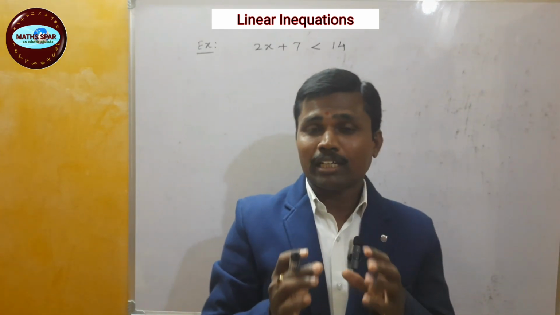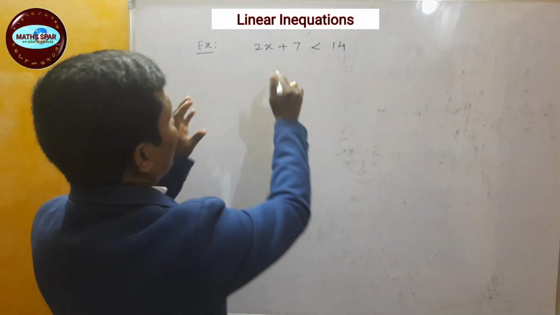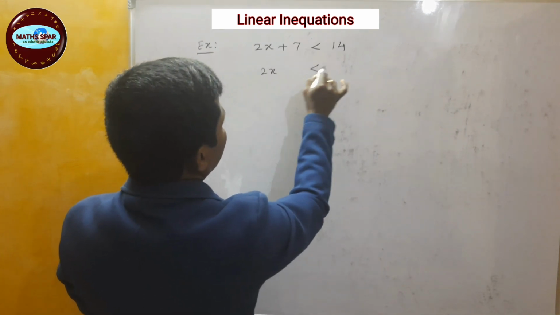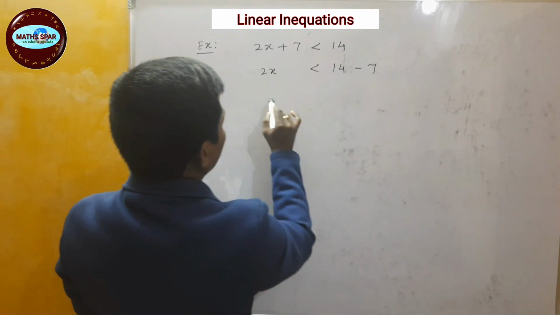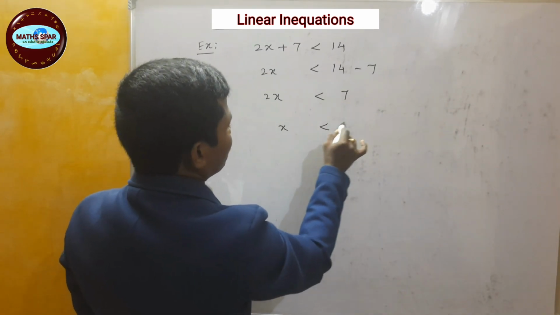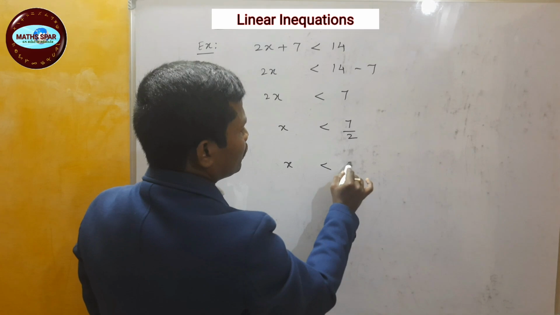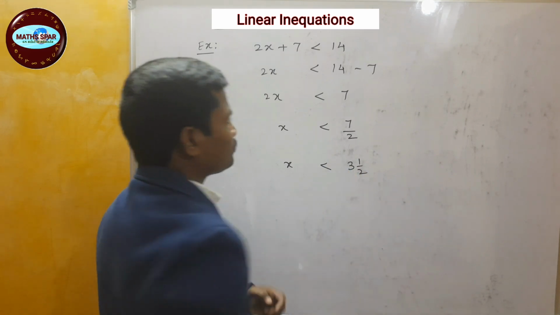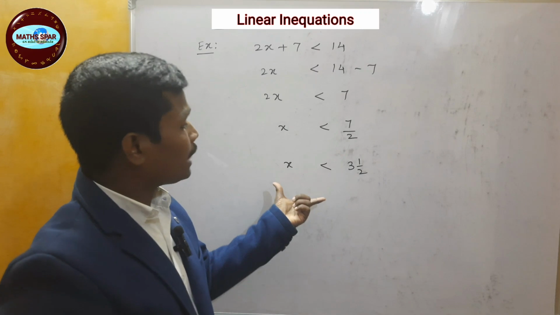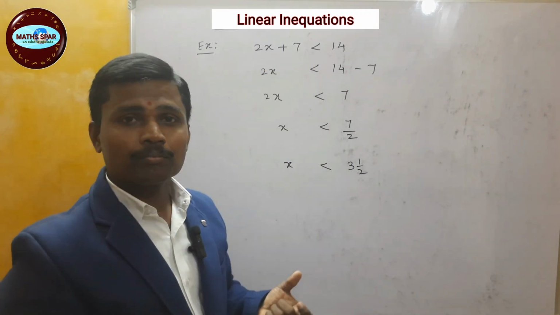Then we find 2x is less than 14 minus 7. So 2x is less than 7, x is less than 7 by 2, that is x is less than 3 1 by 2. So x is less than 3 1 by 2 is the solution of this one.